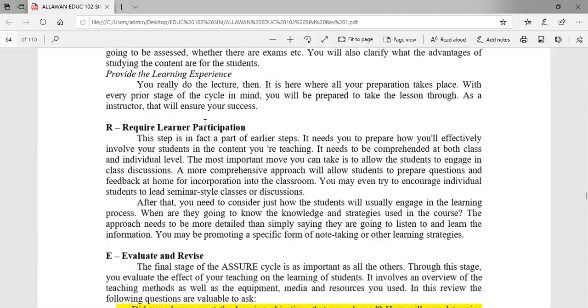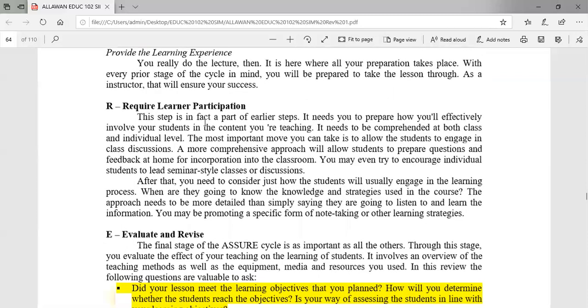And then lastly is evaluate and revise. After this model, there should be an evaluation in using this technology, and there could also be a revision: is the technology being used having an impact on the students or not? We can repeat it in the next school year.